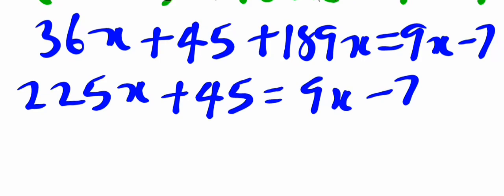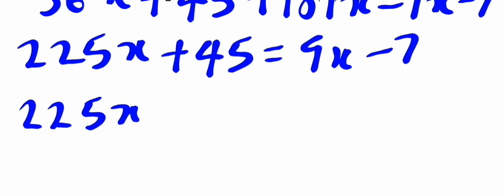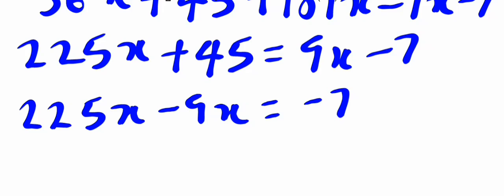So then also bring x together on one side. When you bring x together on one side, 9x will come to the left hand side to make 225x and will become minus 9x. Why? Because it's plus 9x on this side, and that's 225x minus 9x now equals to minus 7 minus 45.